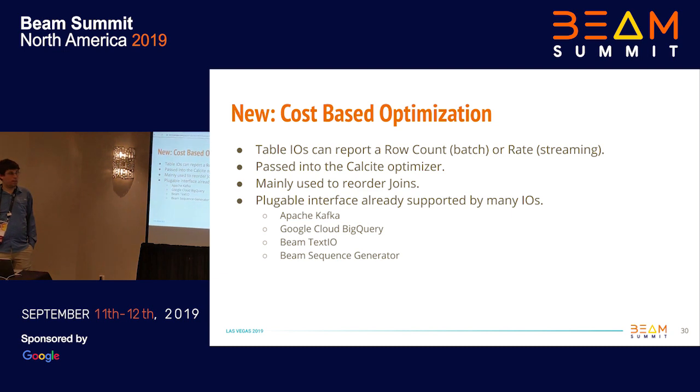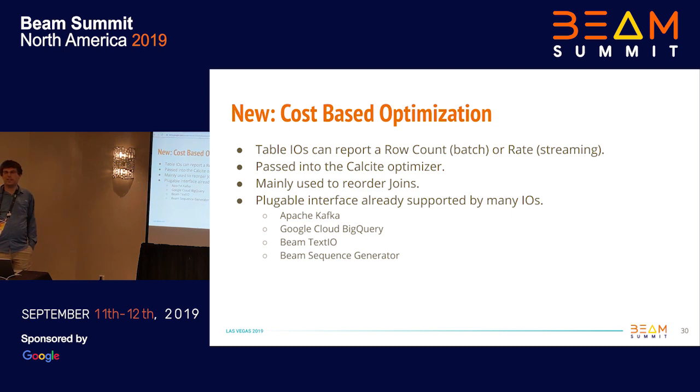Or if you're from Kafka, we support feeding in the rate of messages coming in on that stream. And so when we have those, we can actually pass that data into the Calcite optimizer. It can then use that to reorder joins such that you're joining in the most efficient way possible.